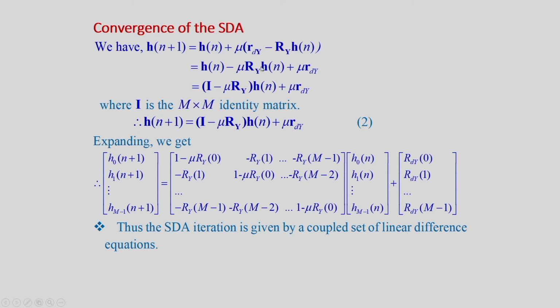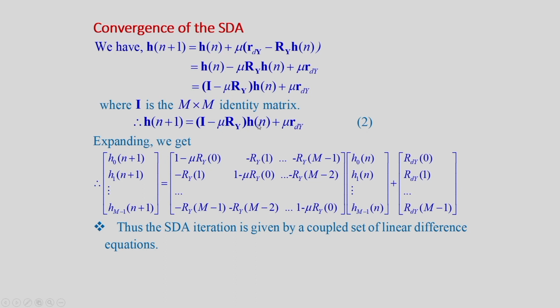If I take Hn as common, this will be I minus mu ry into Hn plus mu into r dy, where I is the m by m identity matrix. Therefore, the SDA iteration step can be written as H of n plus 1 is equal to I minus mu ry into Hn plus mu r dy.